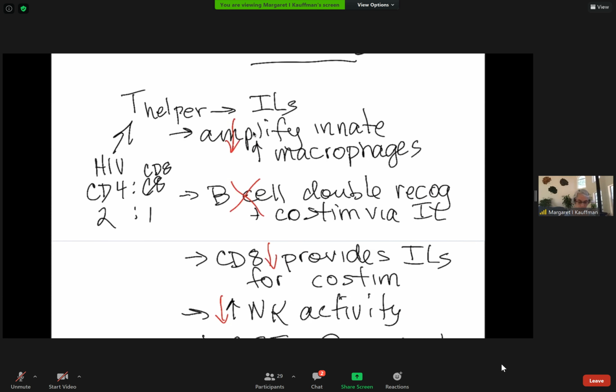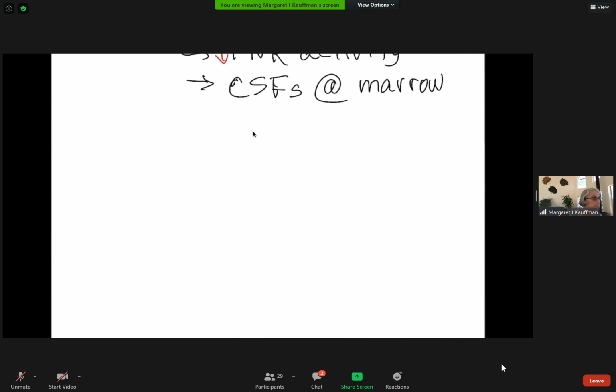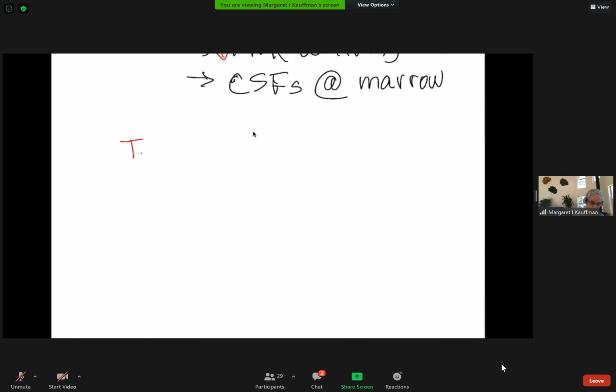So let me see. We only have a couple minutes left, but could you also talk about the Treg more? Although I've covered it in part. Yes. So T regulatory cells dampen the immune system, and they can do this either by direct contact or by releasing inhibitory cytokines.